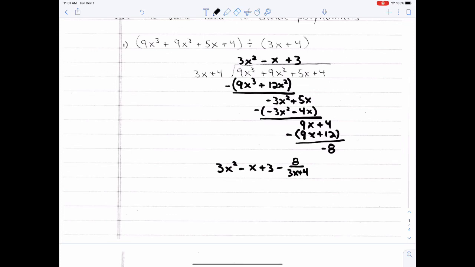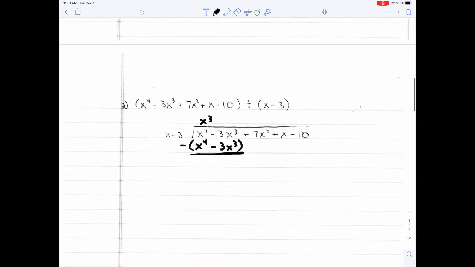Okay? But here, notice, both columns, x to the fourths and x to the thirds, go away. So I have to bring down two things now, the 7x squared and the x. And now I do it again.